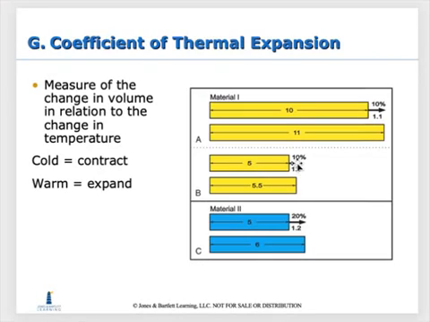It still takes the same amount to change the volume as it does when it's this length and this length. And then let's say material 2 is impression material. You know, that same length, it's going to change much more with that amount of heat, right?